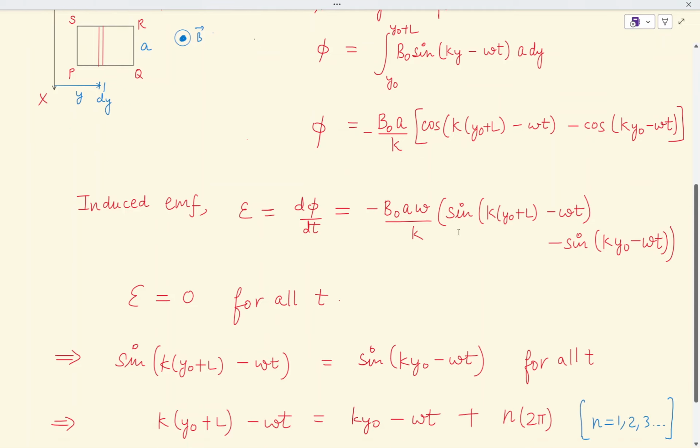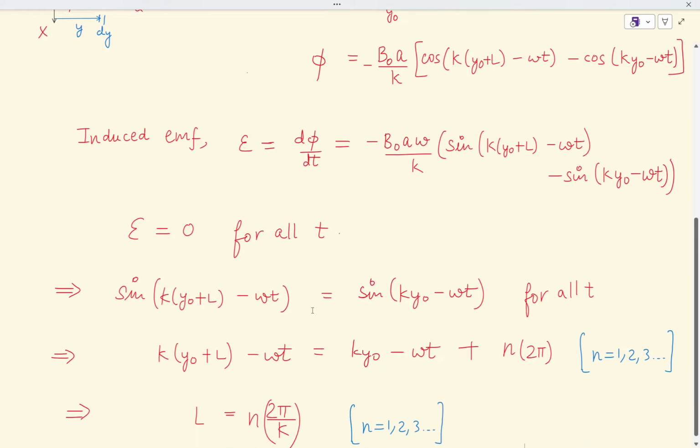Now this induced EMF must be 0 for all time instants. It is 0 for all time instants. तो इसको 0 put कर देंगे.